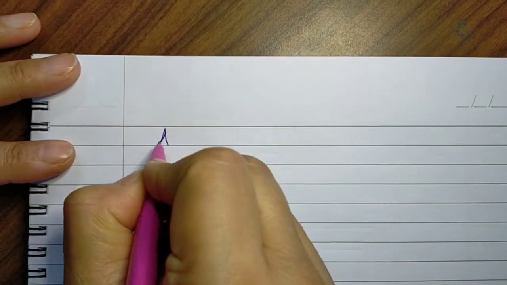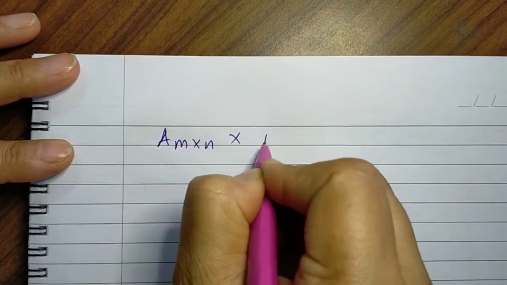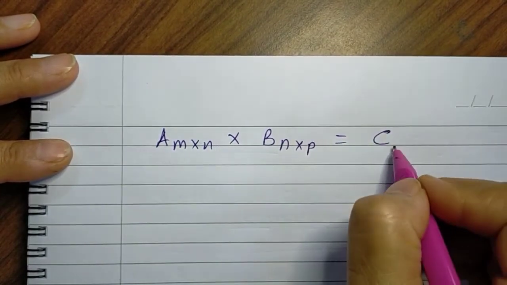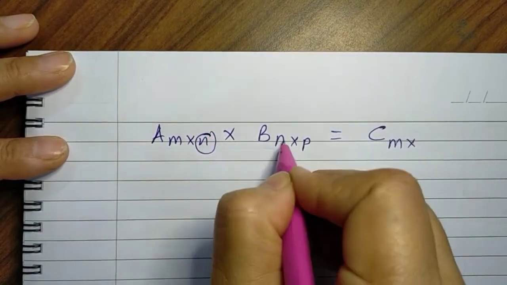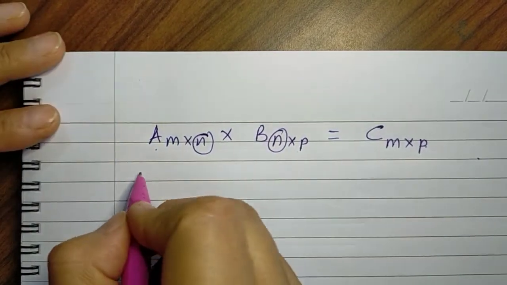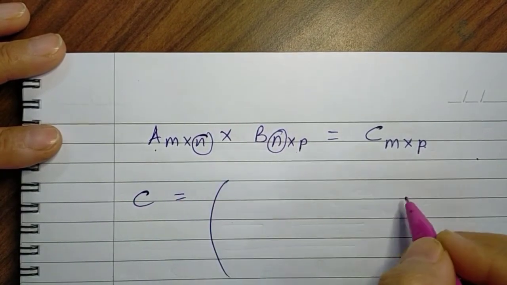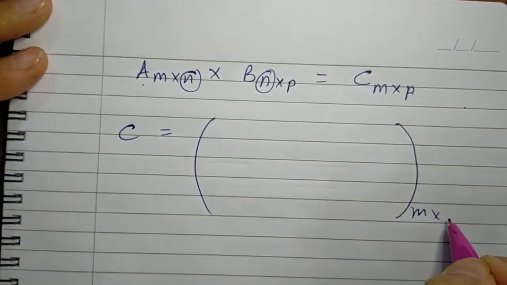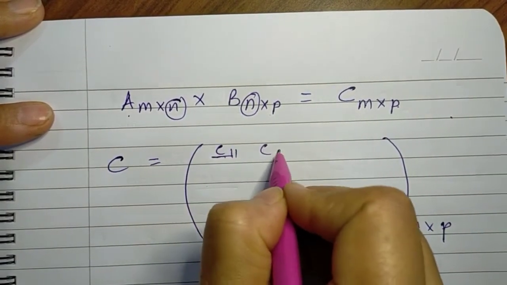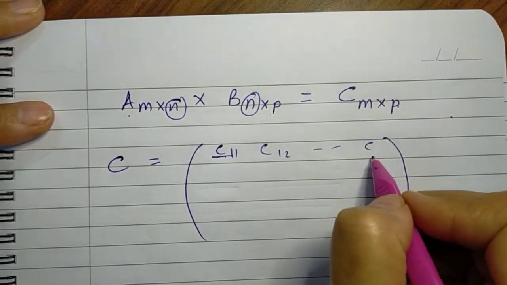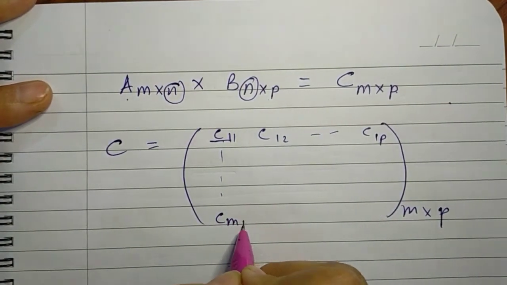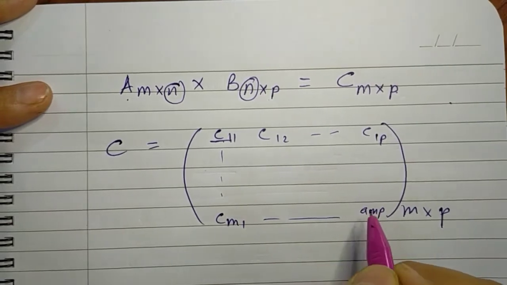Multiplying A, M by N, by a matrix N by P, the N vanishes and we are left with an M by P matrix. So C will have M rows and P columns. This is the C11 position, C12, C1P. Similarly there are M rows, so CM1 till CMP.